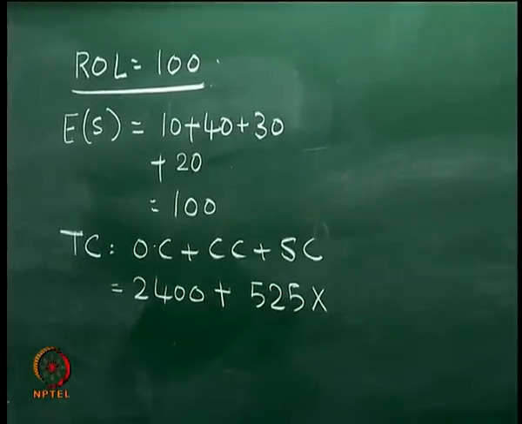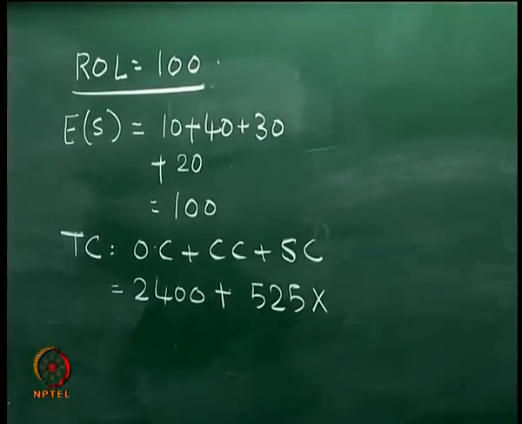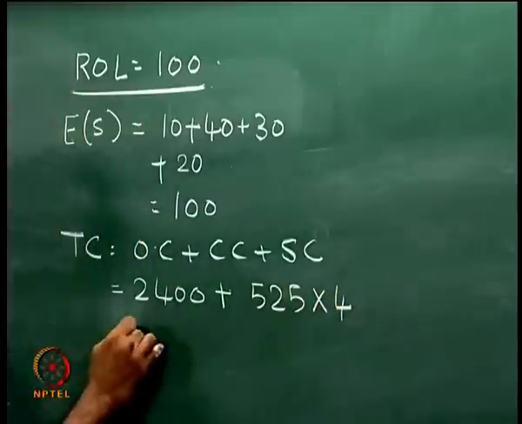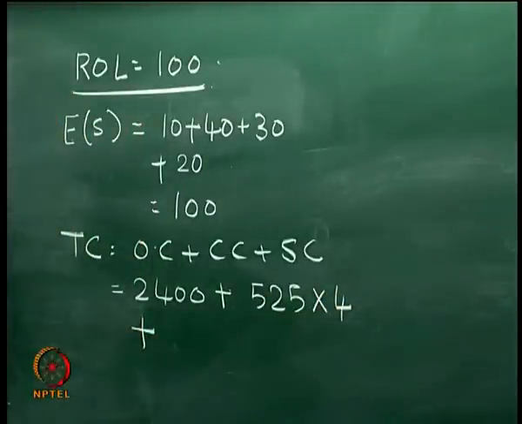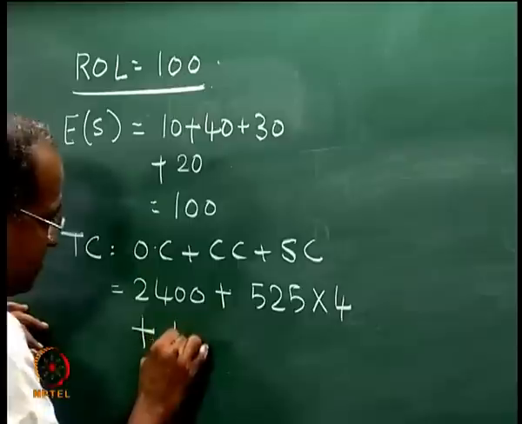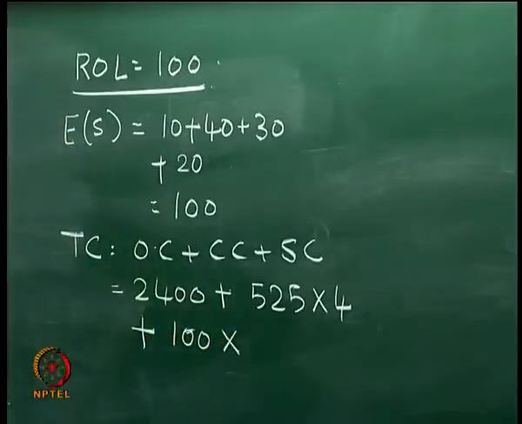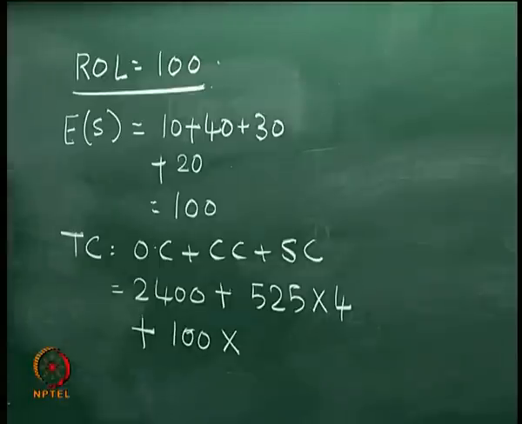CC will be $4 per unit per year, plus expected shortage is 100. Now, let us take the shortage cost in this example as rupees 2.5 per unit back ordered.